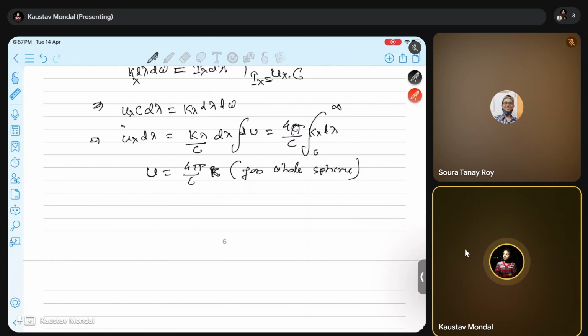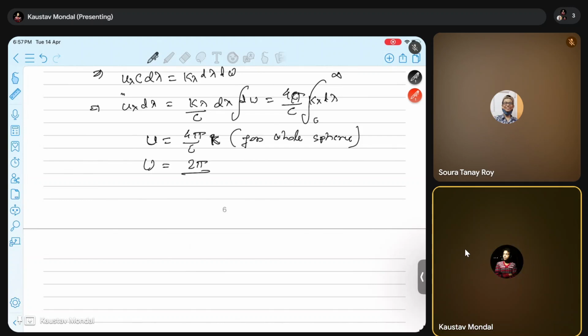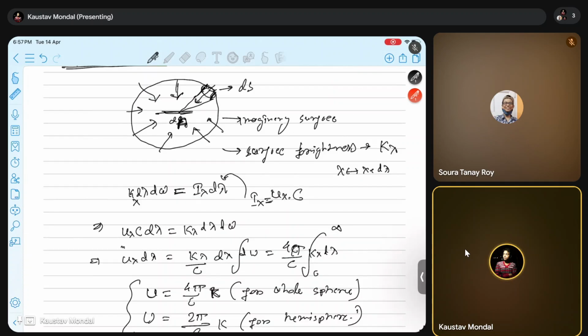If you consider the upper hemisphere, the formula is 2 pi by c into K for the hemisphere. This is the expression for the energy density for the case of diffuse radiation.